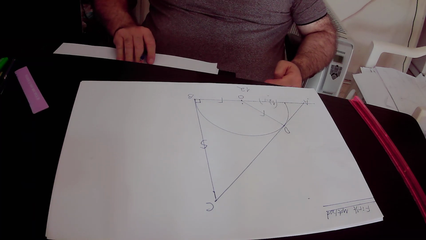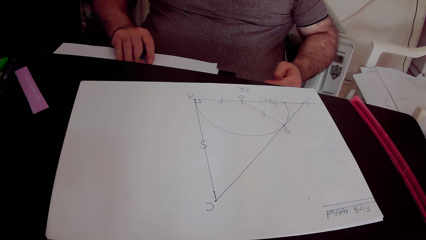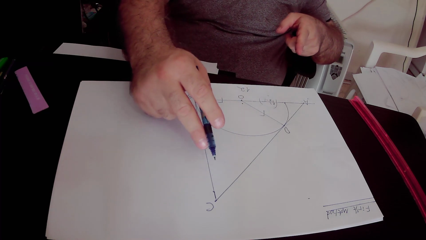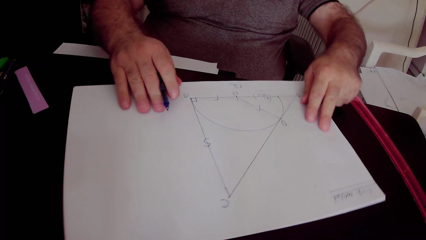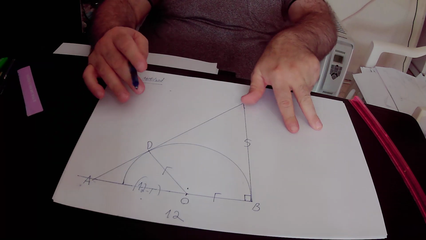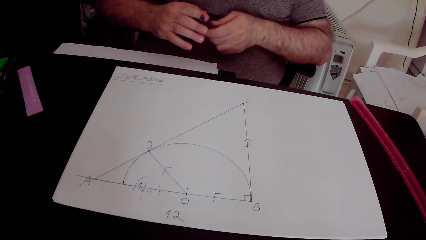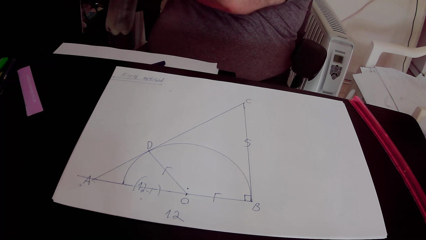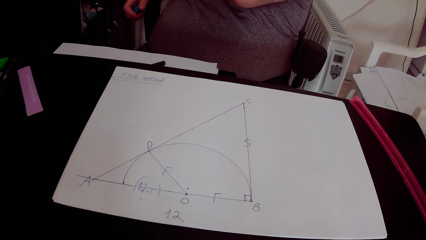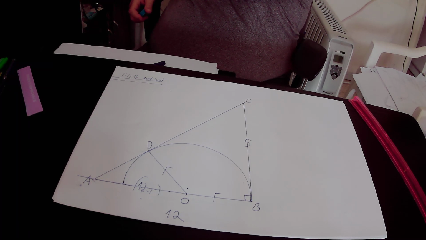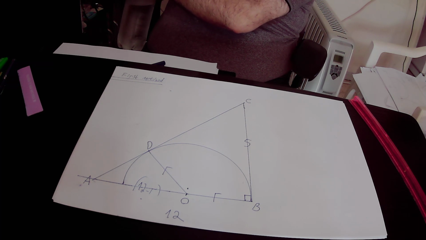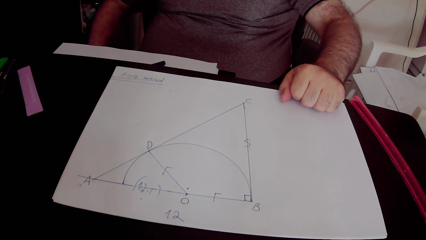In the next step, we will find out the length of the hypotenuse AC of the right triangle, triangle ABC. So we will focus on the right triangle ABC.